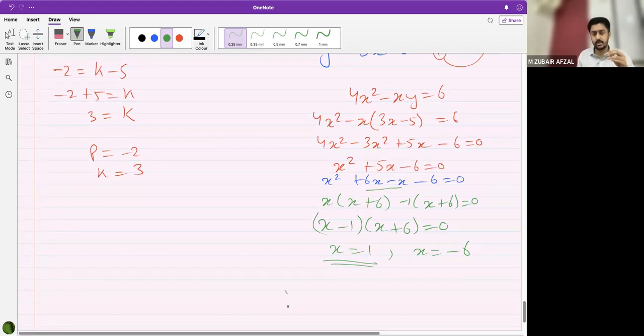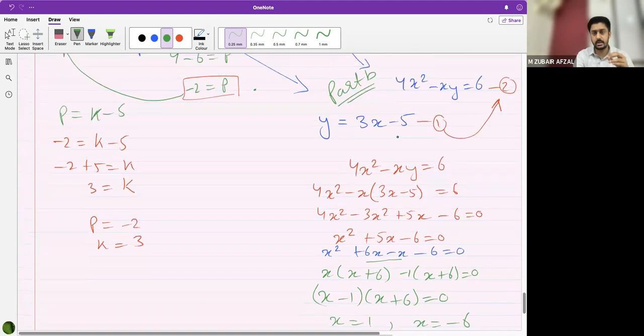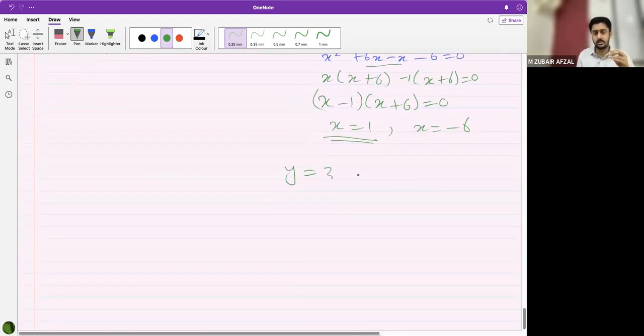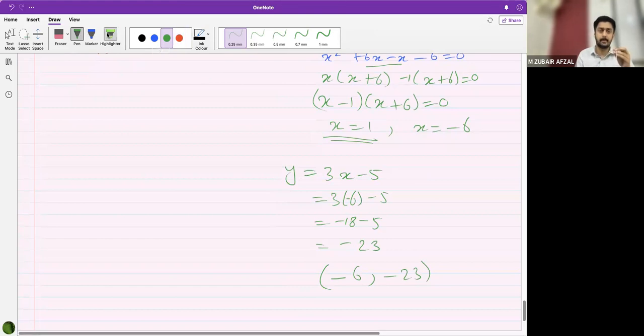So I'm copying my equation y equals 3x minus 5. The new value of x is -6, so this is -18 minus 5, which is -23. So the new value is -6 comma -23.